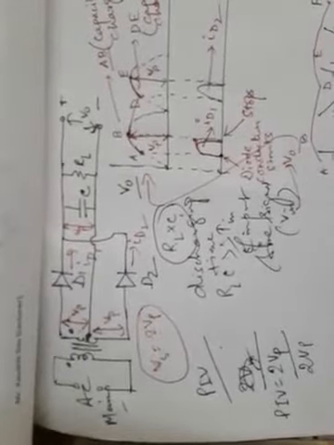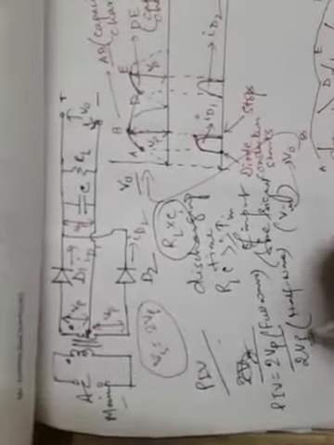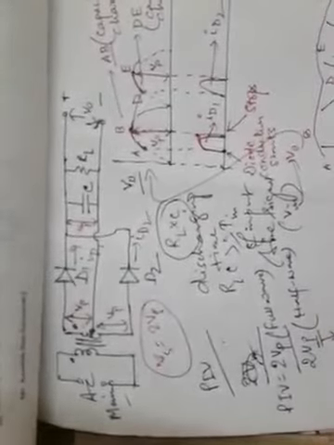So what we can see here is that this is for full wave, and for half wave the PIV is also 2 Vp, but the difference is that here Vp is the whole Vs. This Vp for half wave is nothing but the total voltage across the transformer secondary.